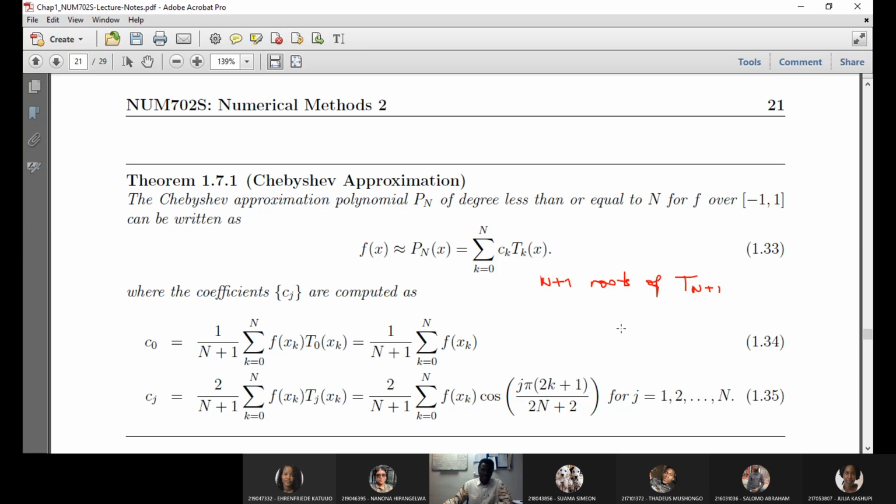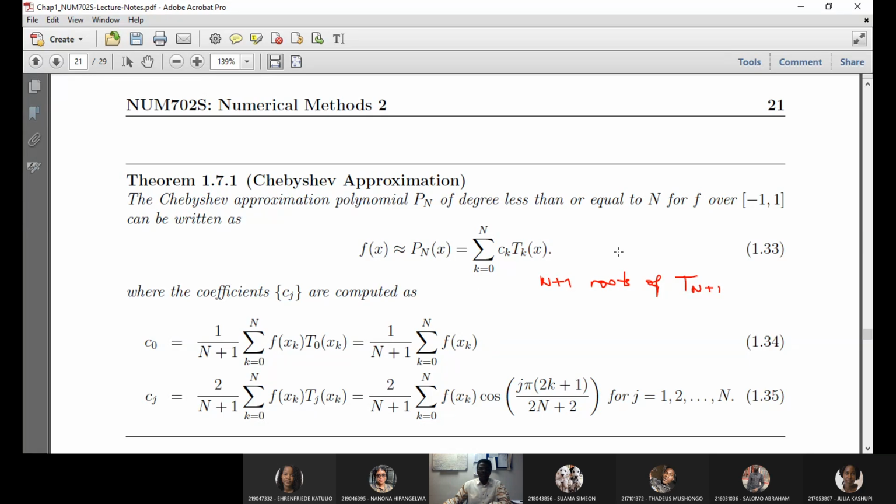And we try to fit our function, this function approximation of f, to those points. As you can see, the x component will be the roots of this T n plus 1, the Chebyshev polynomial of degree n plus 1.